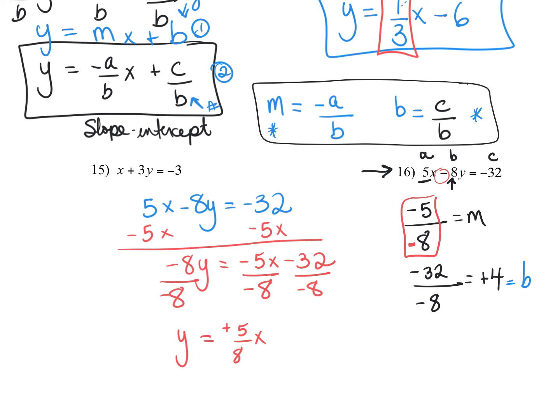So that just shows you, you've got to be careful with your signs. And negative 32 divided by negative 8 is 4. So that's the full equation from standard form to slope intercept form. But I just thought this was interesting and a fun little fact that you can always remember.